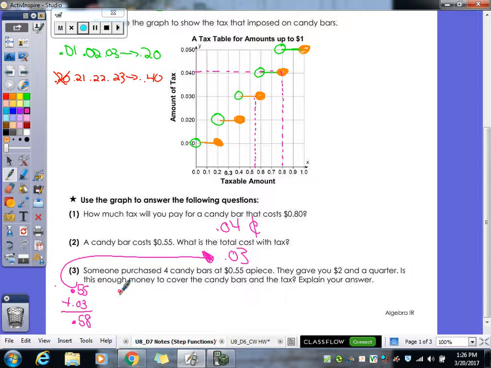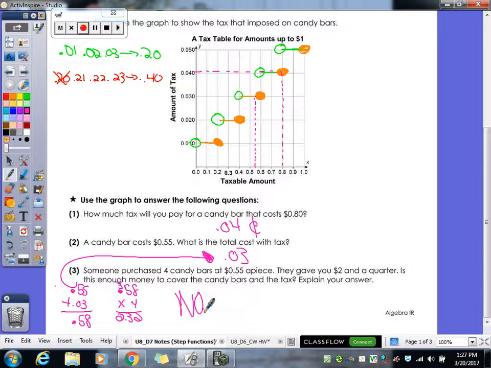So if I have 58 cents times 4, that gives me $2.32 I'm spending. And it says, if you have $2.25, do you have enough money to cover that? No. $2.25 will not cover that.